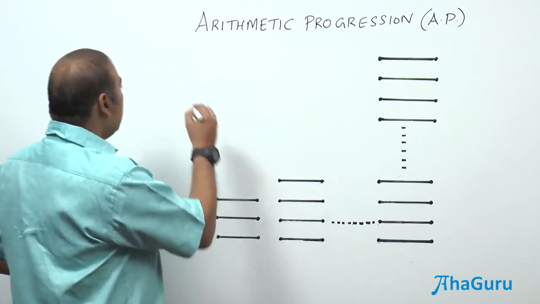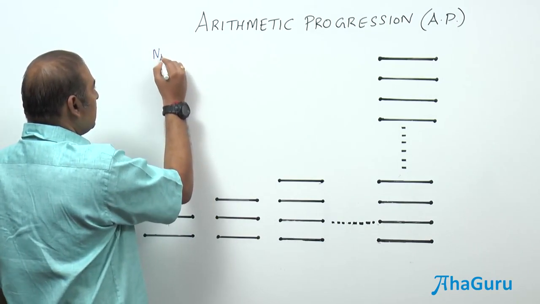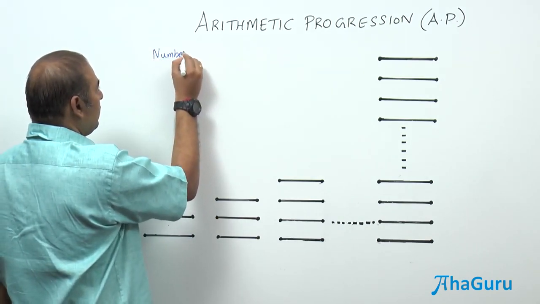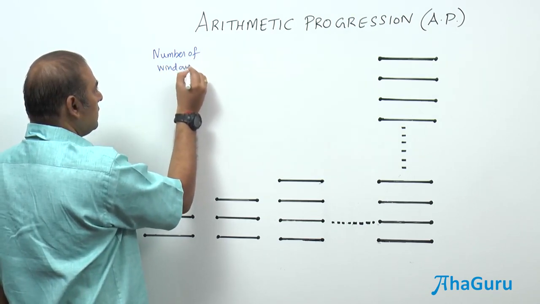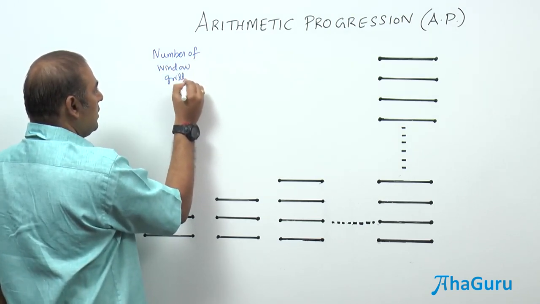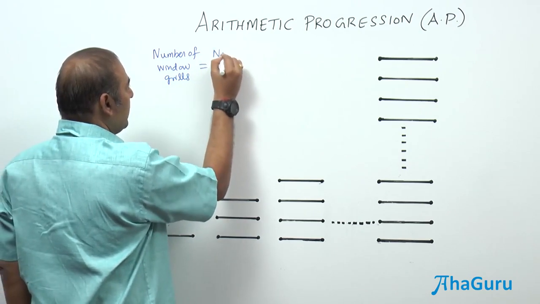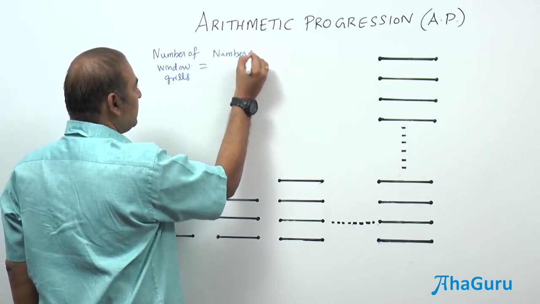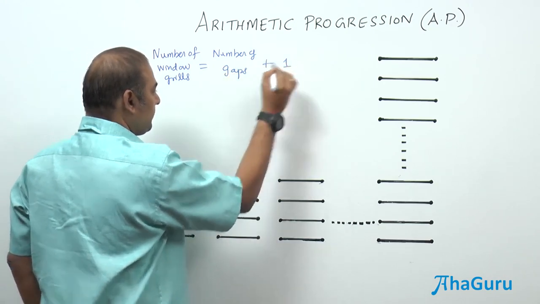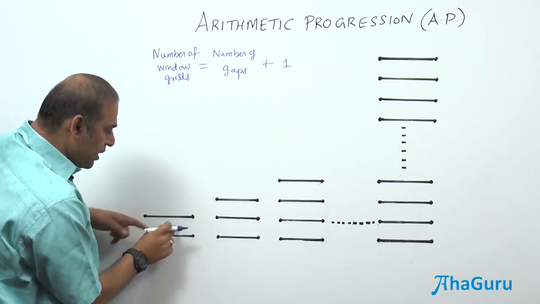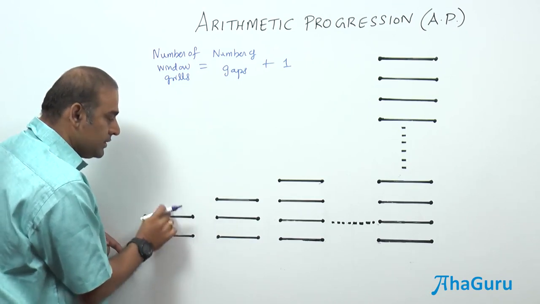So you have a formula like this: number of window grills is equal to number of gaps plus 1. When you say the gaps, it means these gaps. If the number of gaps is 1 here, the grills is 2.